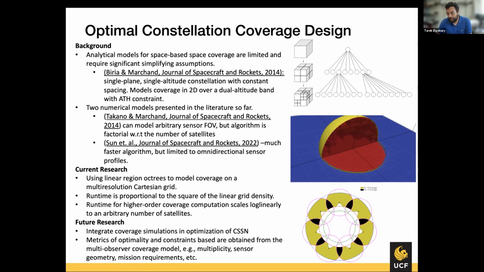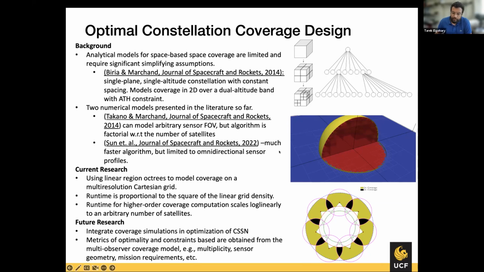So I might not be interested in covering all of this dual band. This is in a plane, and this dual band is the orbit or the area of the orbits that I'm interested in. I might be interested in covering a certain volume of this area, a space of interest. So we're looking into this.